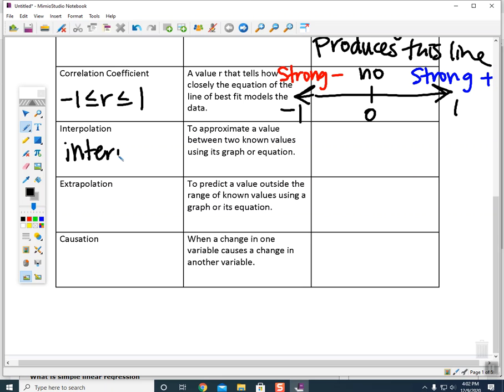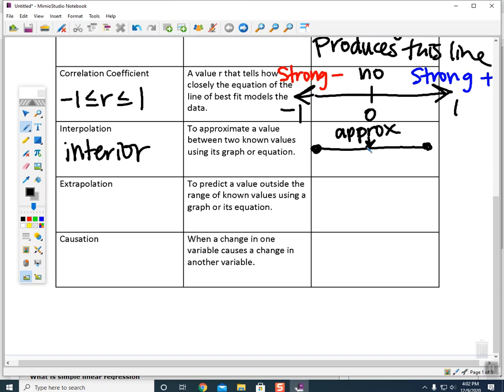It means inside. So the way that this looks, right, is I have this graph here, these 2 points. And what interpolation says is that I'm going to approximate between these 2 points, okay?